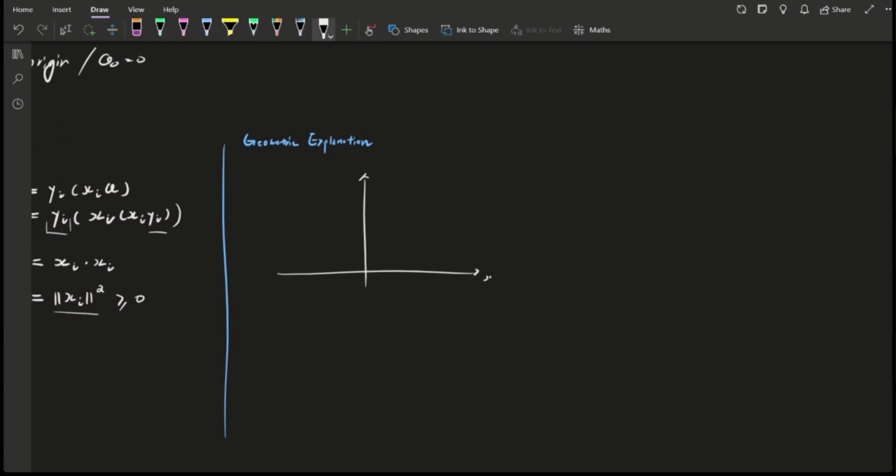So let's say this is x1, x2, and let's say I have some random decision boundary through the origin. And maybe it has a vector that's like this. Actually, I just want to copy this.